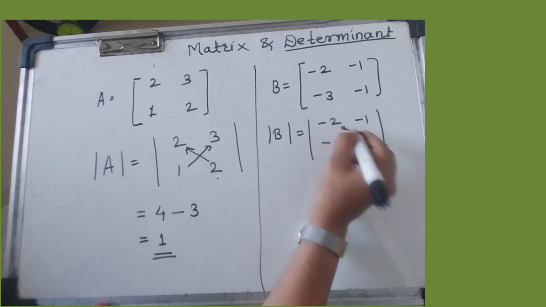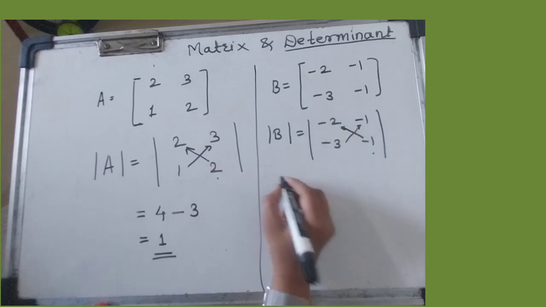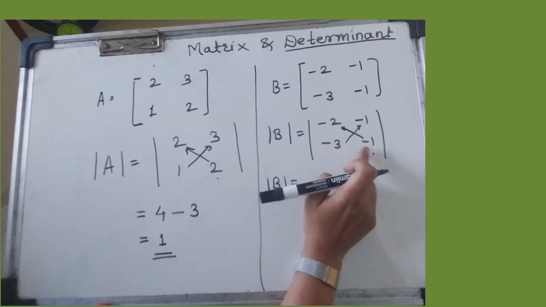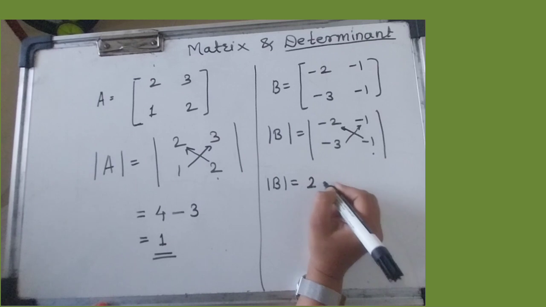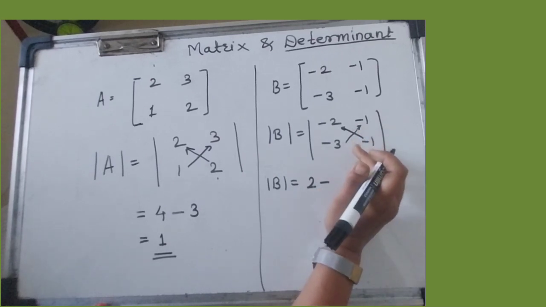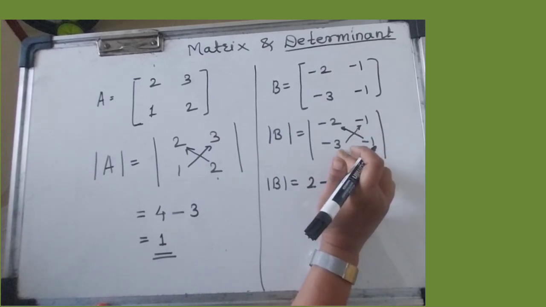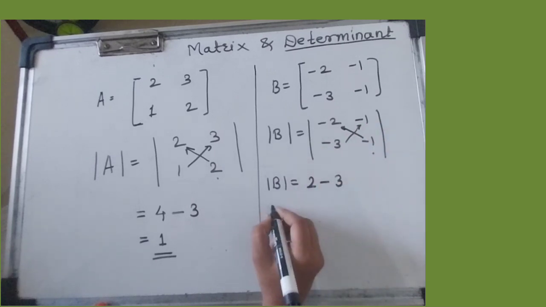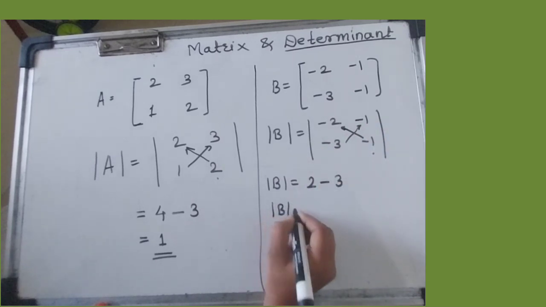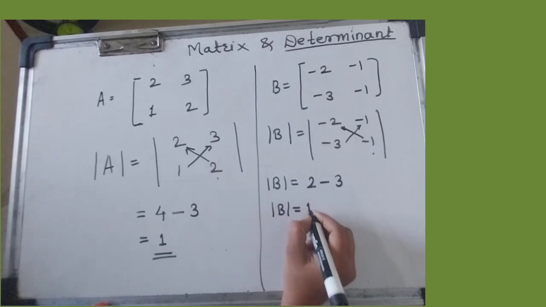Take a product of cross multiplication. Determinant B equal to minus 1 into minus 2. It is a plus 2. Minus 3 into minus 1. It is plus 3. Okay, so determinant of B equal to 1.